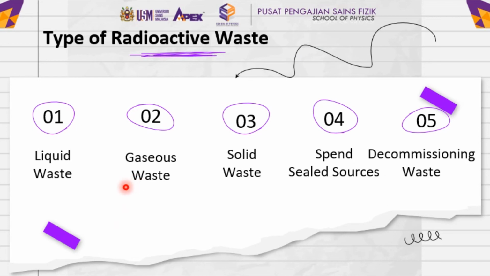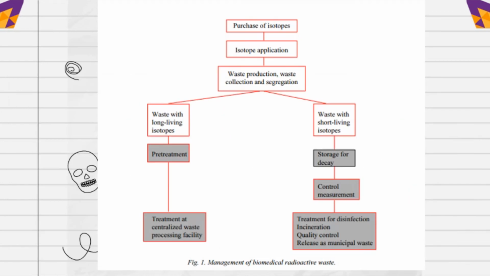Radioactive waste can be divided into 5 types: liquid waste, gaseous waste, solid waste, spent sealed sources, and lastly, decommissioning waste. In this slide, we can see the process of management of biomedical radioactive waste, which starts with the purchase of isotope, then application of the isotope itself, which produces waste, and then waste collection and segregation.